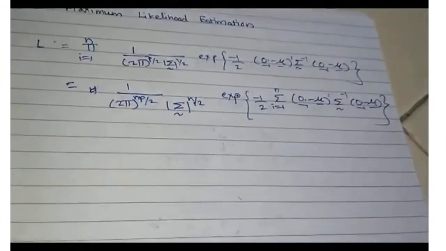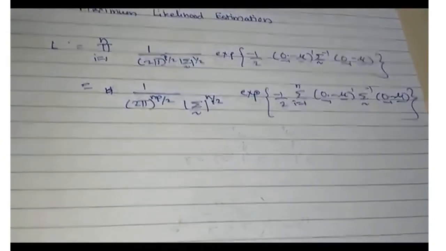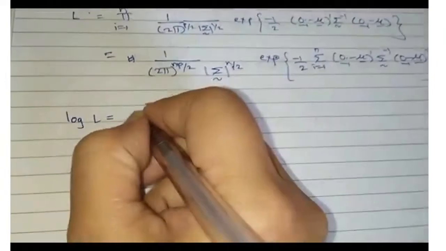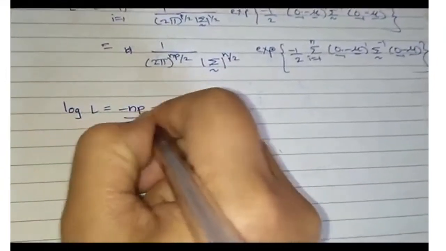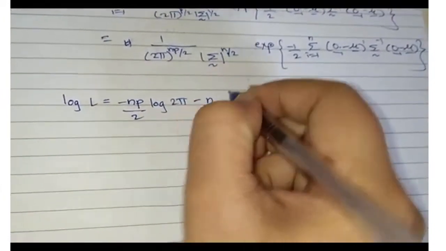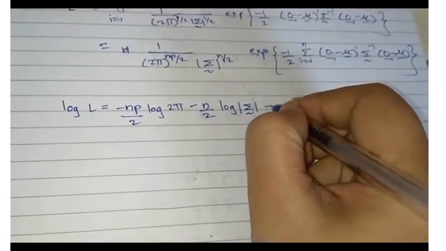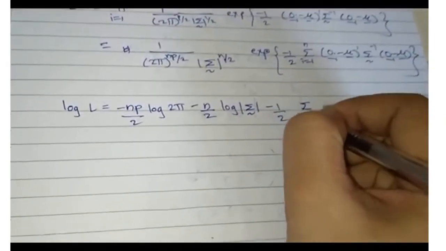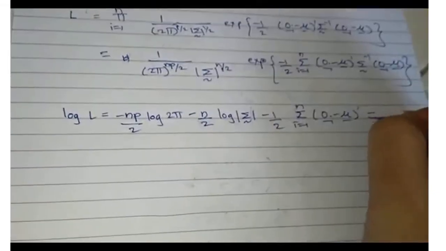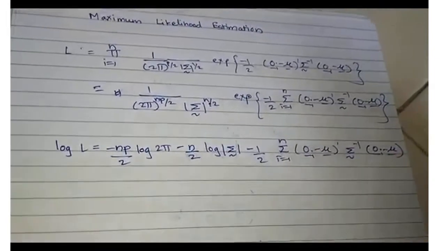But generally we take the log likelihood because it is easier to maximize. So let me do the same thing here. Log of L would be minus np by 2 log of 2 pi, minus n by 2 log of determinant of sigma, and then minus half summation i going from 1 to n of (oi minus mu) prime sigma inverse (oi minus mu).